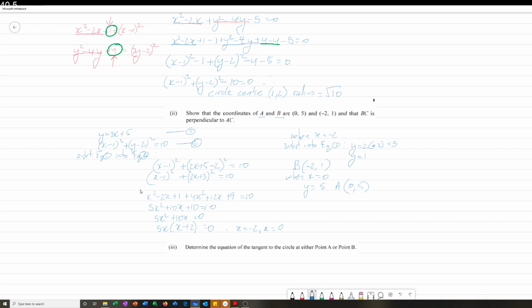And that BC is perpendicular to AC. Alright, so we have to show that BC is perpendicular to AC. So how do we do that? Well, we have to use gradients.